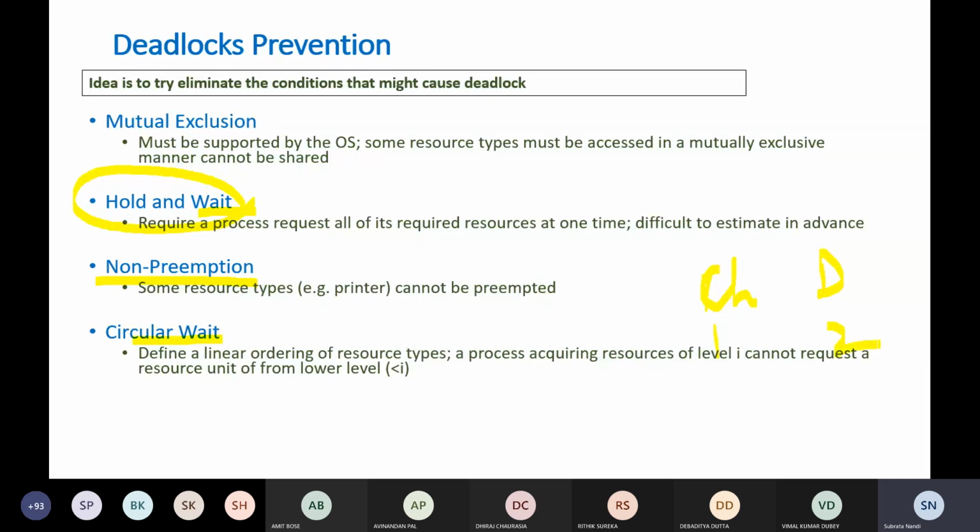Whoever comes, if he receives the chalk first and requests the duster, the second person cannot acquire the duster and then request the chalk, because the rule says that if you are acquiring the duster, you cannot go below one level and request something. Okay, so you enforce that this circular waiting situation never occurs. So you strictly adhere to the numbering or leveling of the resource types. So this is one possible way. This is probably a feasible way to do this.